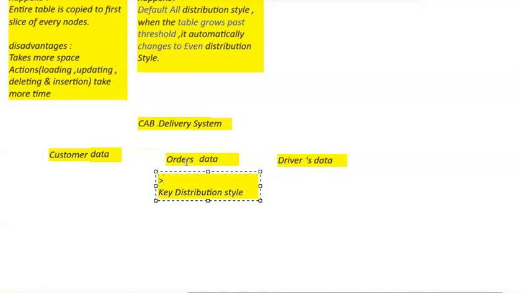Since orders contain a unique ID that is used to identify a particular user order or booking, we choose to store this orders data under which distribution style? Key distribution style.